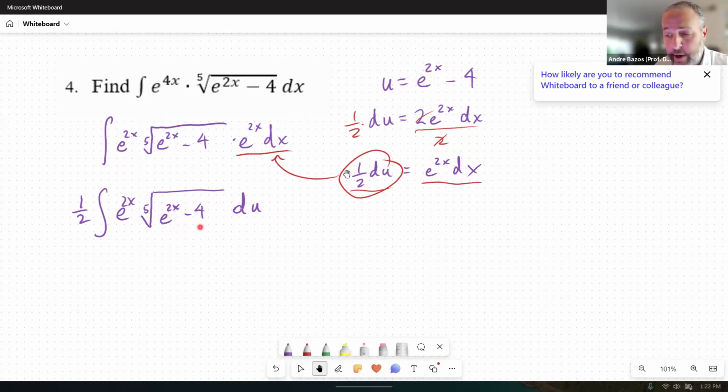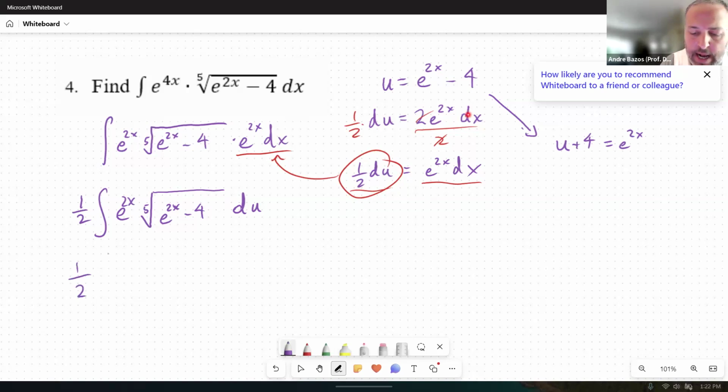So I can replace that u there, but I'll still have this e to the 2x. But e to the 2x is just u plus 4, right? So if I solve this for e to the 2x, I add 4 to both sides and get u plus 4 equals e to the 2x. And I can sub that in for e to the 2x, and then I'll have everything in terms of u, and let's see what happens. So the e to the 2x that's left there is u plus 4.